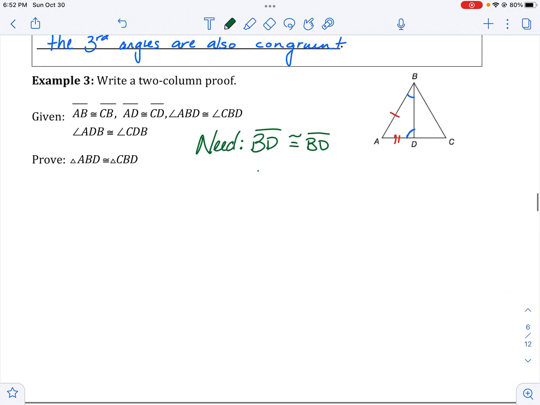And I want angle, and let me be very specific about the angle name, angle BAD, right there, is congruent to angle, well, if it's B, then A, then D, it should be angle BCD on the other side.